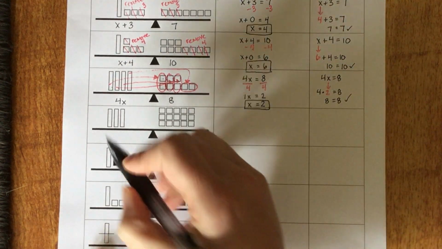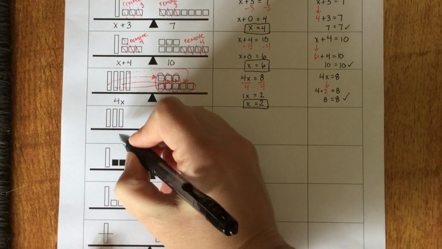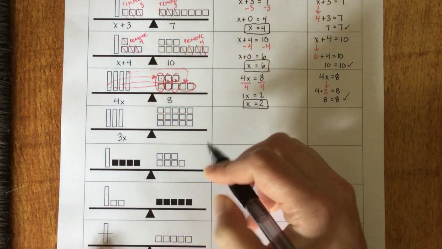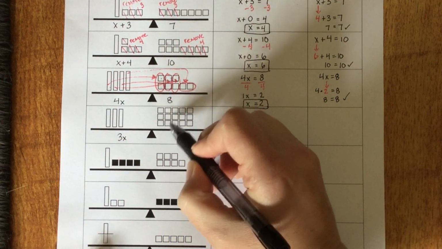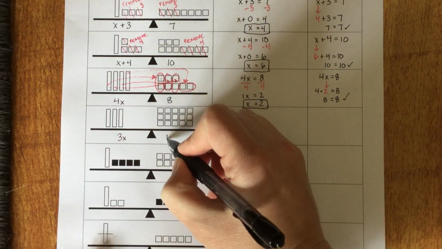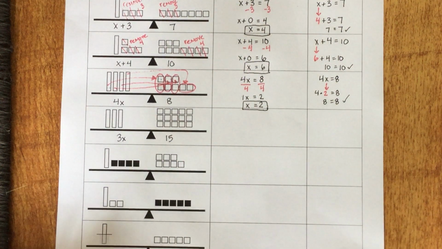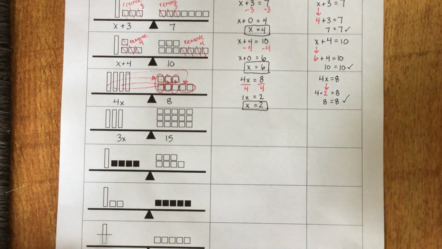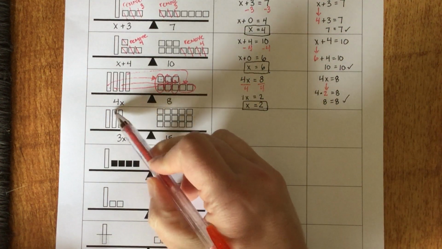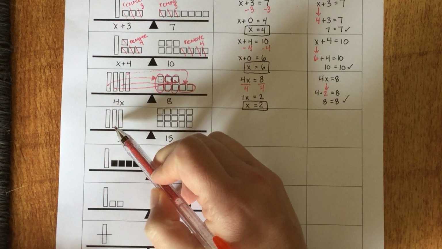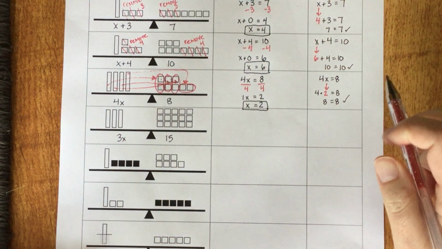For the fourth one, we see 3 x's is balanced with 3, 6, 9, 12, 15. But we want to know how much each x is. It's true that they are isolated, but we still need to know how much each individual value is.